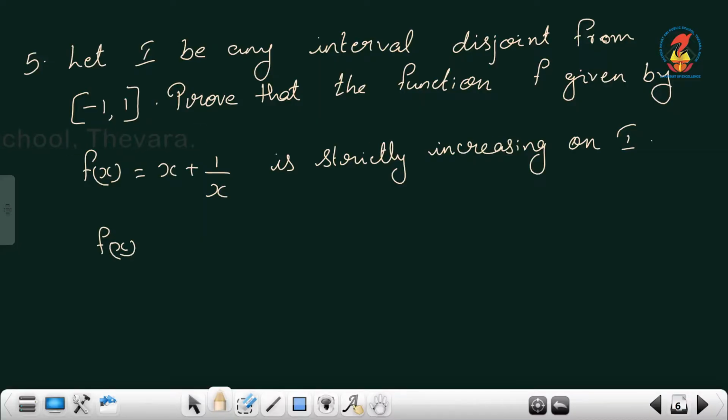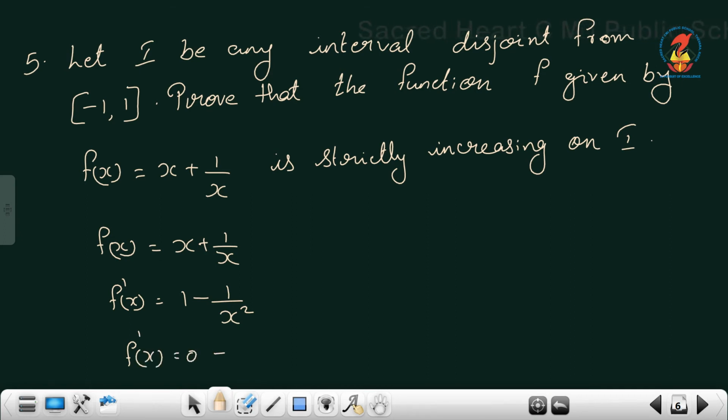So, f of x is x plus 1 by x, f dash x is the derivative of x, which is 1, the derivative of 1 by x is minus 1 by x square. Then in the next step, we write f dash x is equal to 0, which implies 1 minus 1 by x square equal to 0.